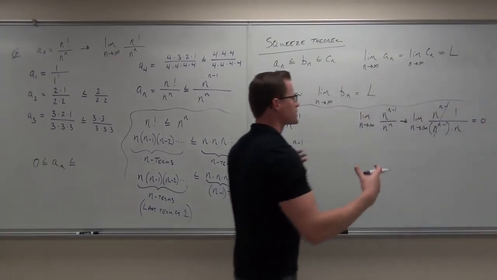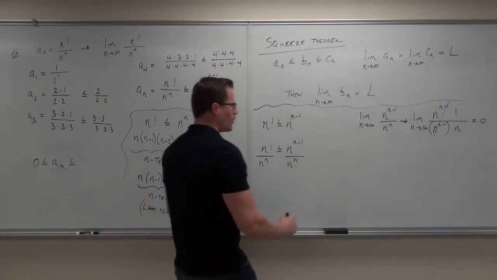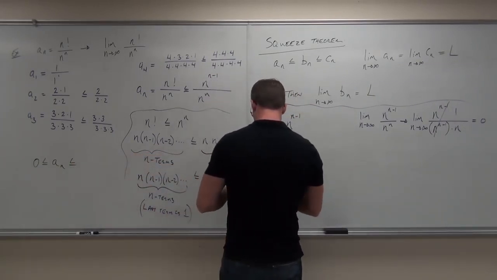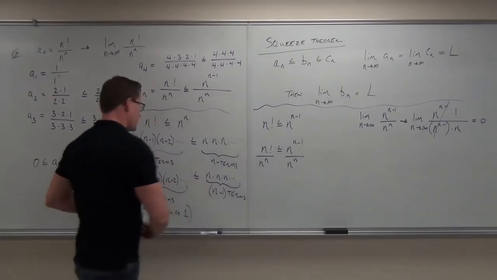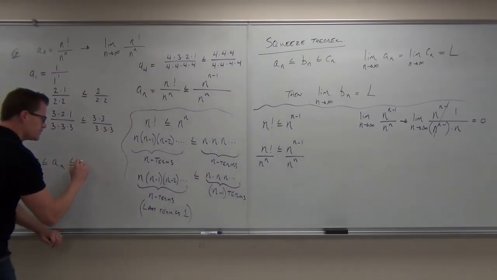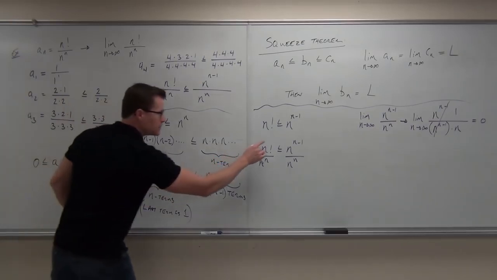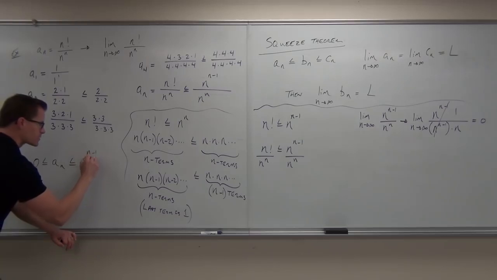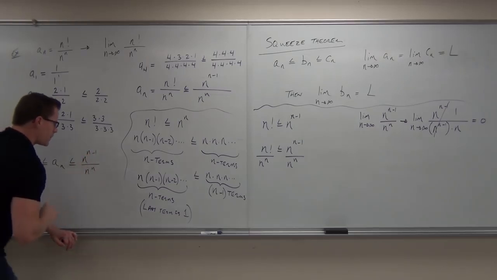So let's put all of this stuff together. What we know from here is that 0 was less than a sub n. We now know that a sub n is less than this sequence, n to the n minus 1 over n to the n.